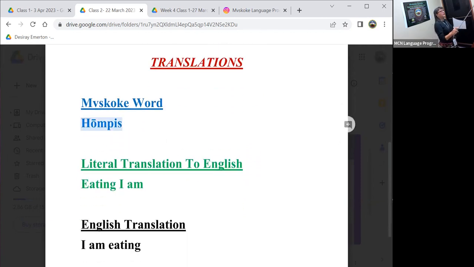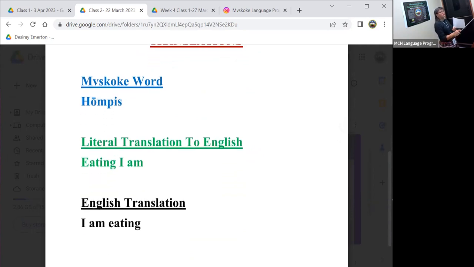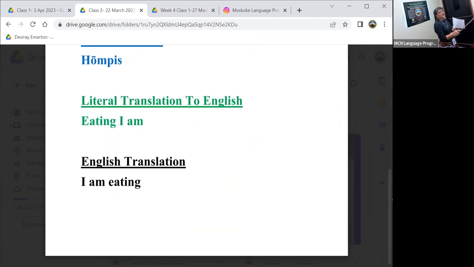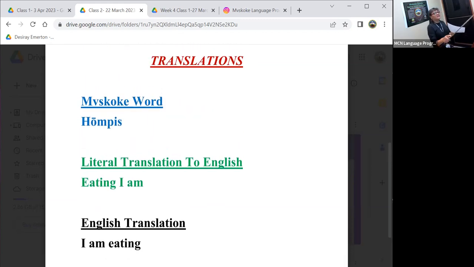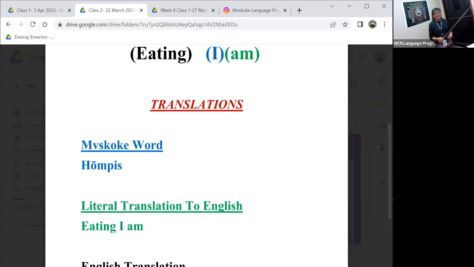Mvskoke word, home base. The literal translation is eating, I am. And the English translation is I am eating. So that's how you get to hombada to home base. Does anybody have any questions on that one? Does that make sense? All right.